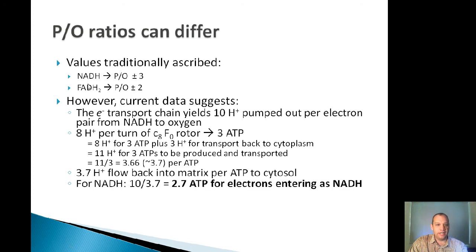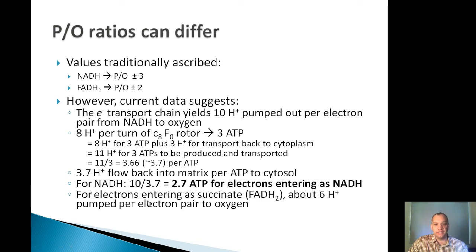For NADH, for every electron pair coming in as NADH, 10 protons are pumped out into the intermembrane space, and it takes 3.7 of those protons to produce an ATP and get it back into the cytosol. That means for every NADH, 2.7 ATPs are produced and available in the cytosol.